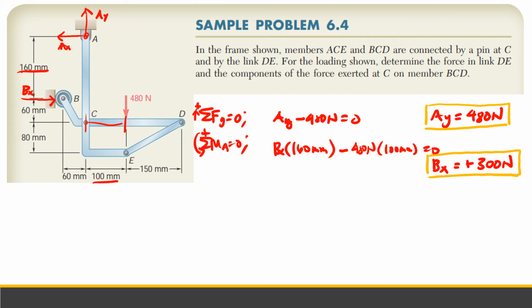Okay, so next is, pwede natin ma-solve yung AX by summing all forces at x equals to 0. So Bx minus AX equals to 0. So meaning equal yung Bx and yung AX.